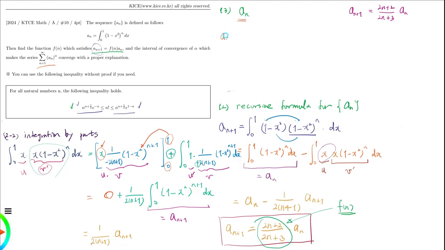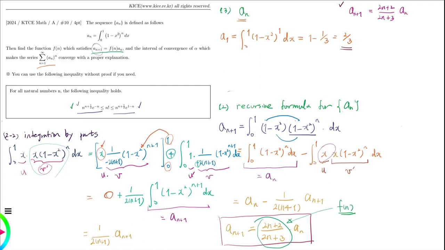The first term is a sub 1, so this one you can do by yourself, n equals 1. By taking a simple integration, you will have 2/3 here. Okay, so we have a starting point, and then we have a relationship between the next term and its previous term that will produce the whole sequence.